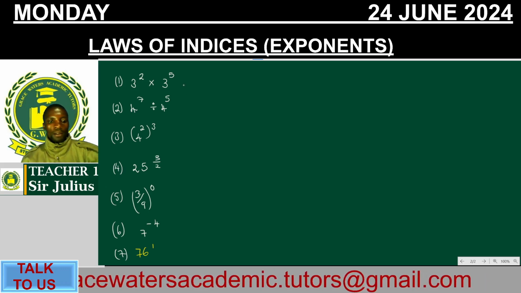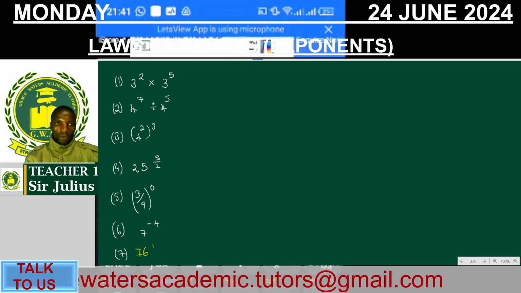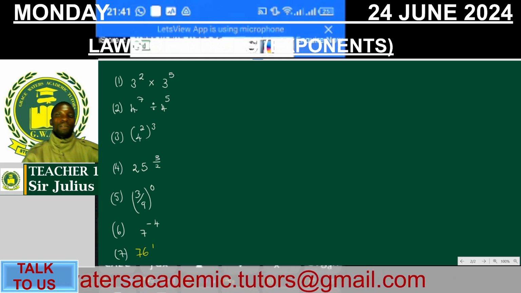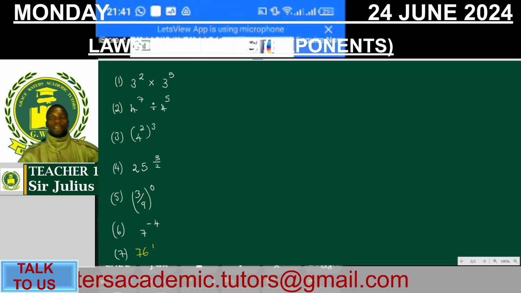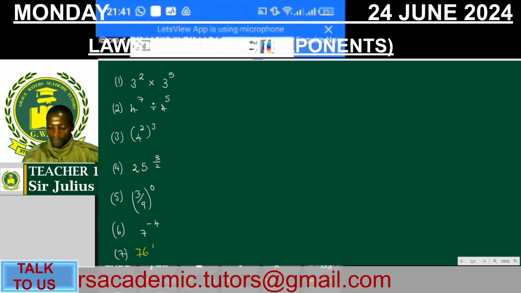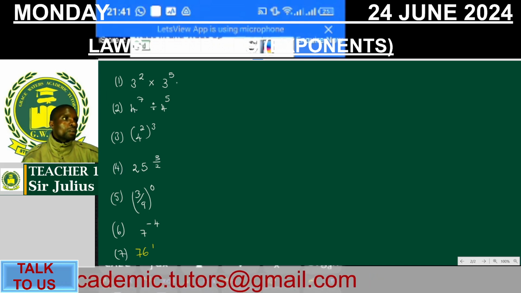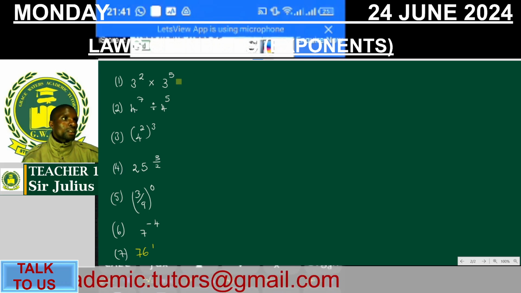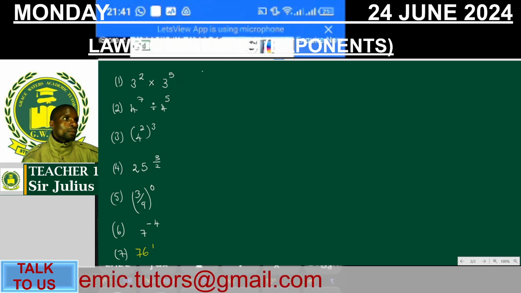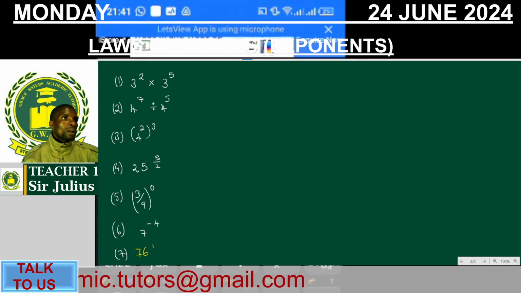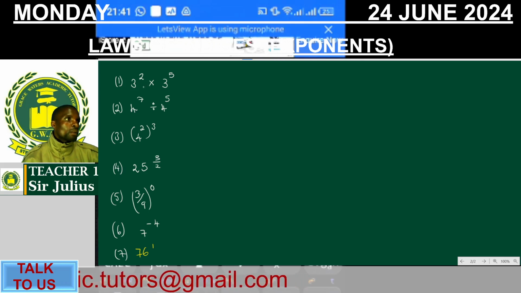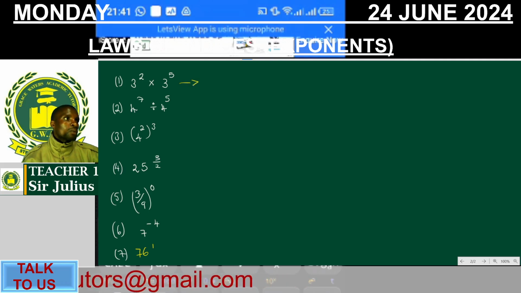Okay, so what I'm going to do is I'm going to be putting these values into my calculator, if possibly I can do that. For question 1 we don't need to use much of a calculator. Let us just look at that. Question 1 is saying 3 to the power x multiplied by 3 to the power of 5.